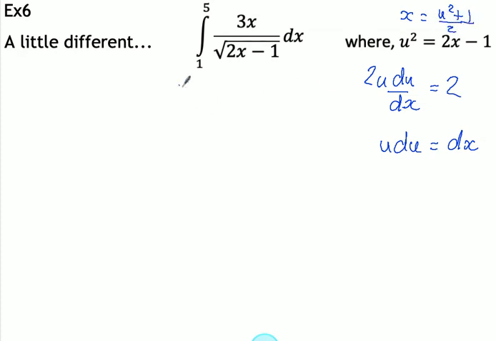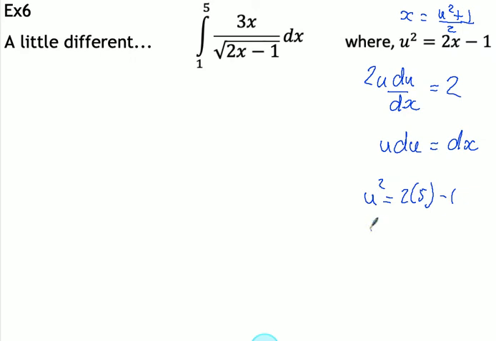We can also sort out these limits, can't we? Now, I need to mention about these limits. When we square root, surely we need to think about whether it's positive or negative. The thing that you need to be aware of is as long as you are consistent, you'll end up with the same magnitude.